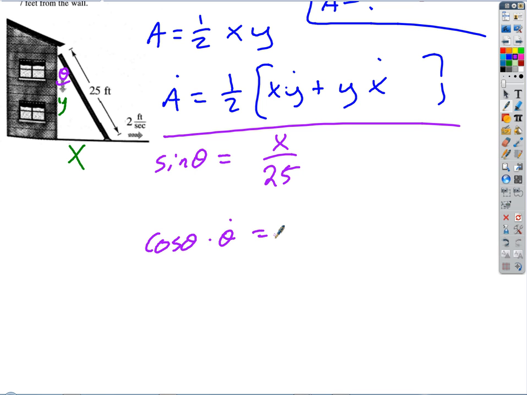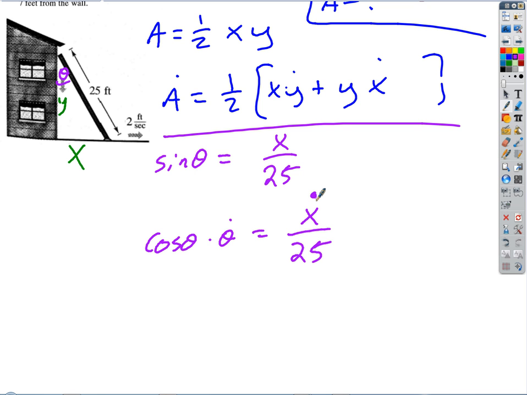No, because 25 on the bottom is the same as multiplying by the constant 1/25. Differentiating with respect to t, we get x dot over 25, or 1/25 x dot. Does that make sense?